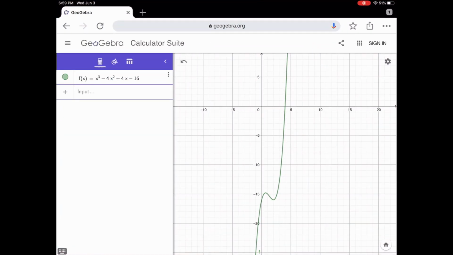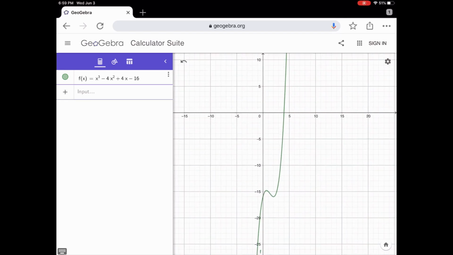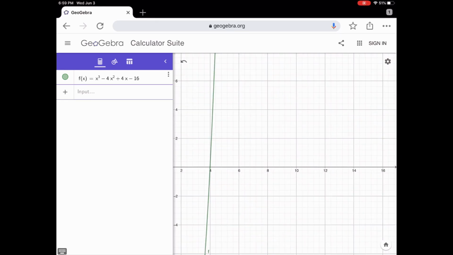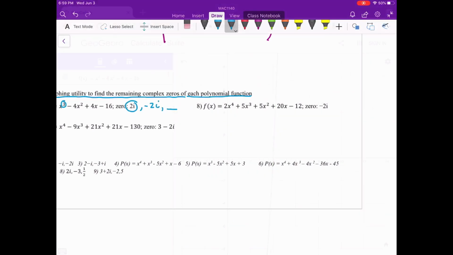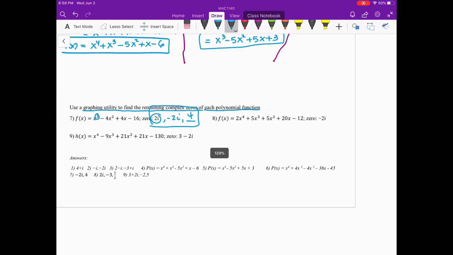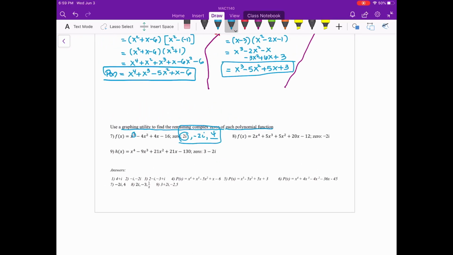Once I enter here the function, here's a graph. And then here you can tell that the next and last zero is 4 because the line is passing through 4, and that will give you the remaining zero. Okay guys, in this case you just have to graph each one of them.